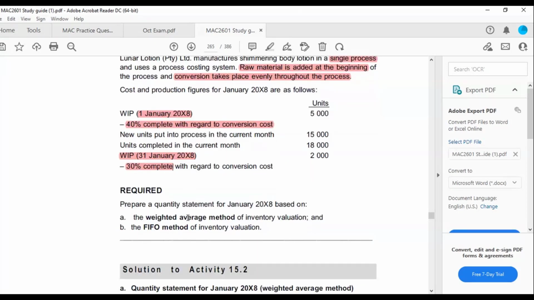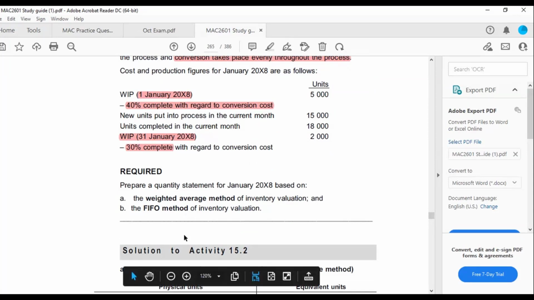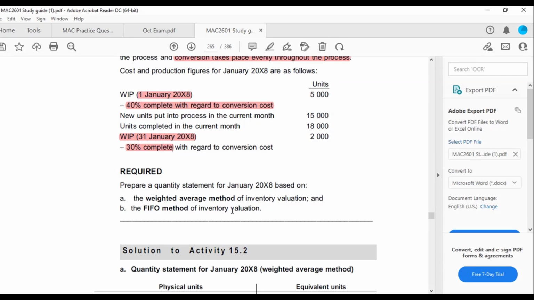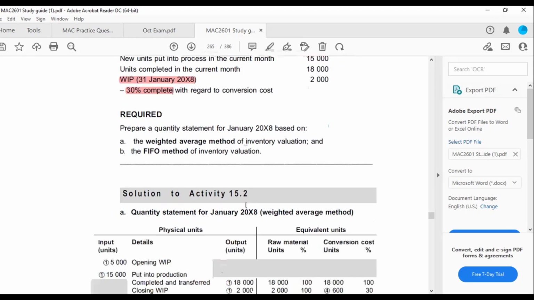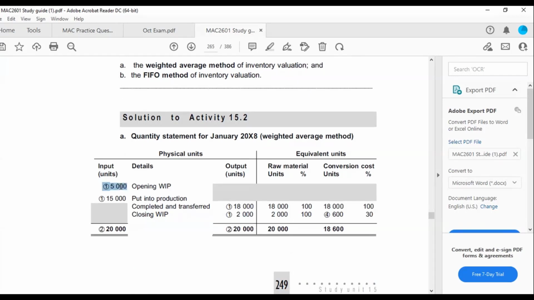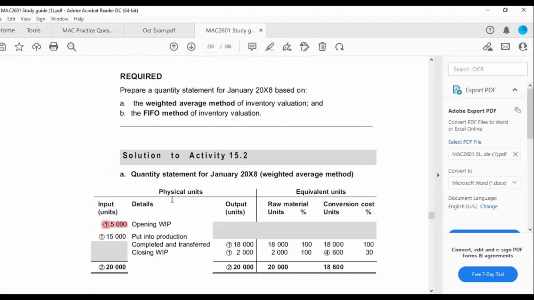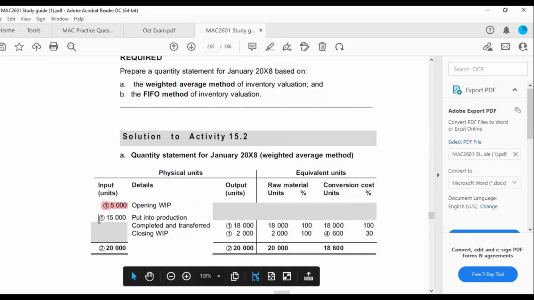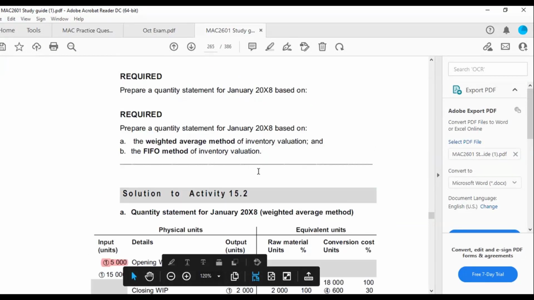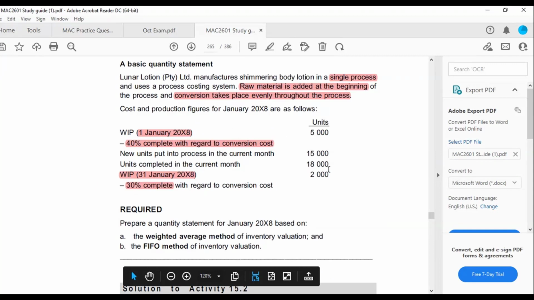So let's look at how you do a quantity statement when you are using the weighted average method as your inventory valuation. For inputs, they put 5,000 as your opening WIP, and then put into production, they put the 15,000.